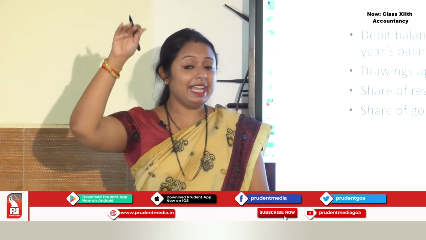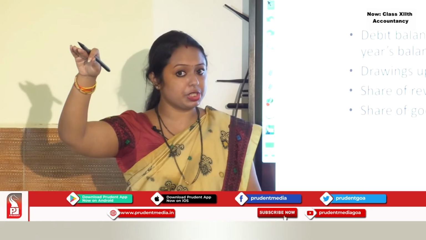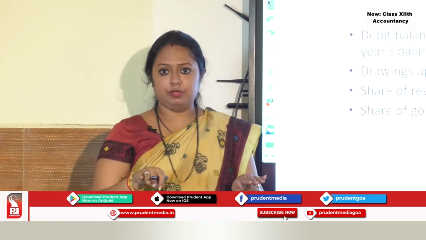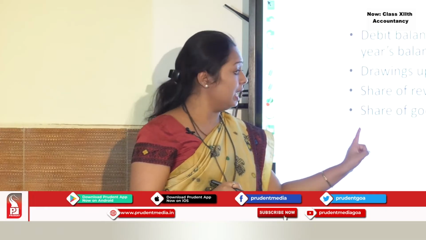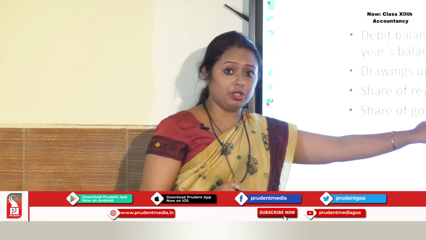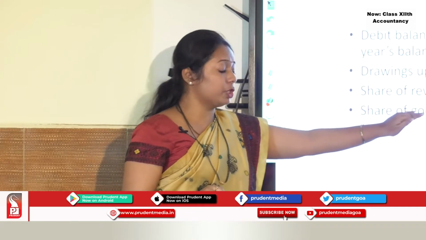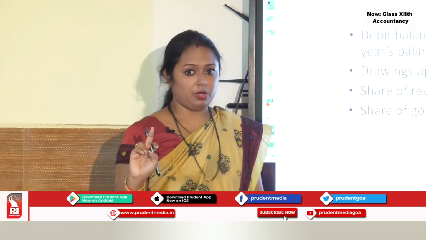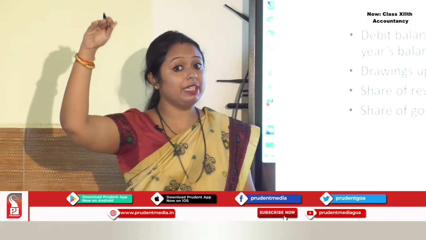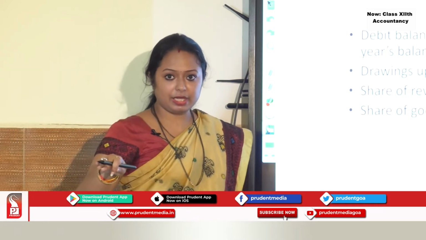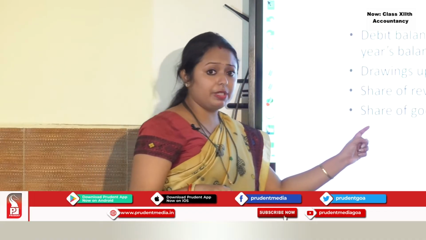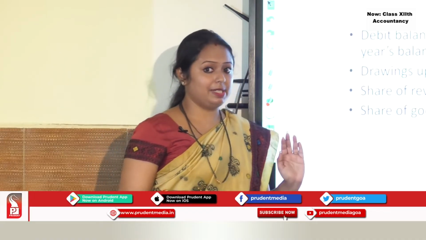If you already have goodwill in your balance sheet, the previous goodwill, and if it is written off, then that share will be shown on the debit side. When the old goodwill is written off, all of us know it will come on which side? It will come on the debit side.